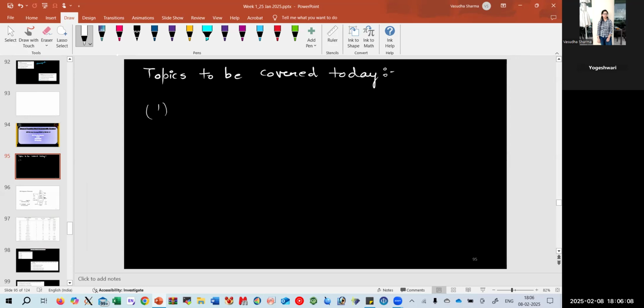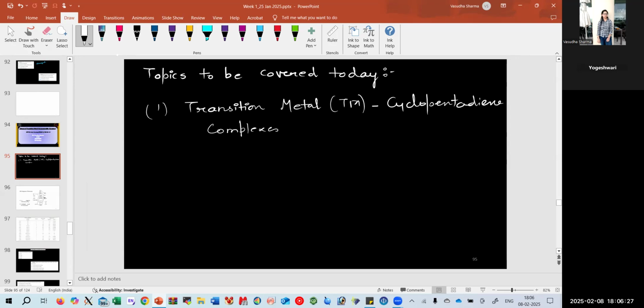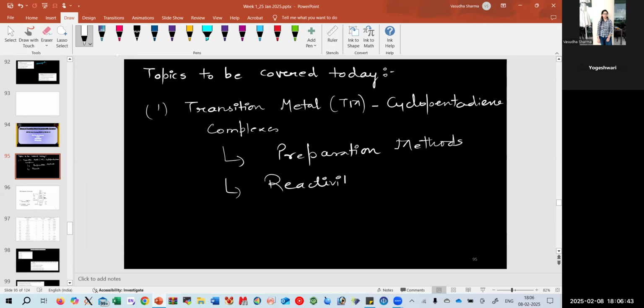So we will be talking about the transition metal, we are writing a short form of TM, cyclopentadiene complexes: their preparation methods, meaning how they are prepared, their reactivity, how they react, their bonding properties, which molecular orbitals participate, and what kind of bonding they are having.